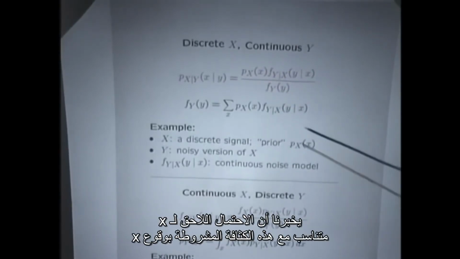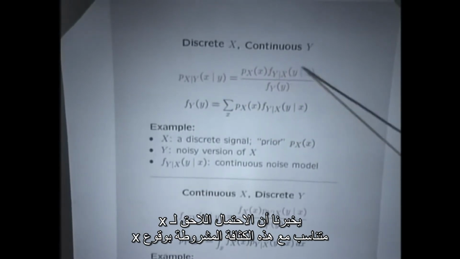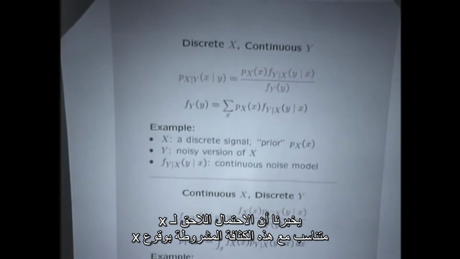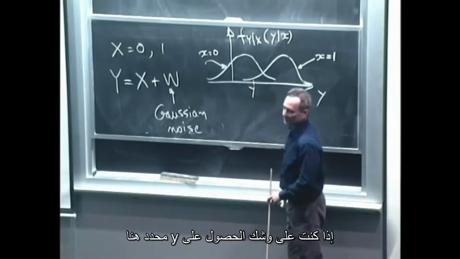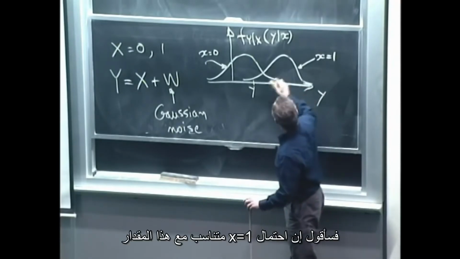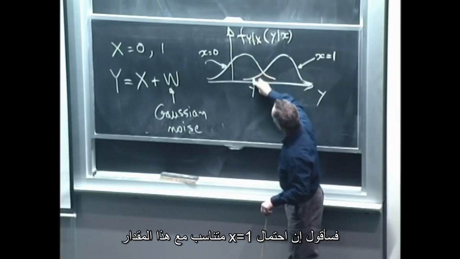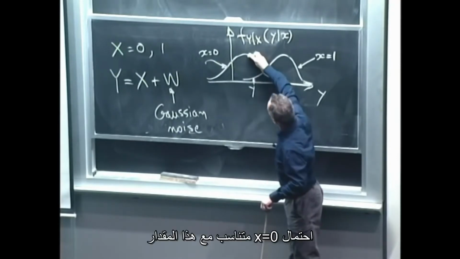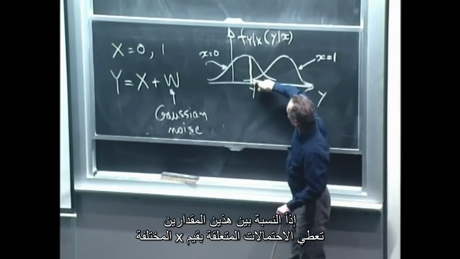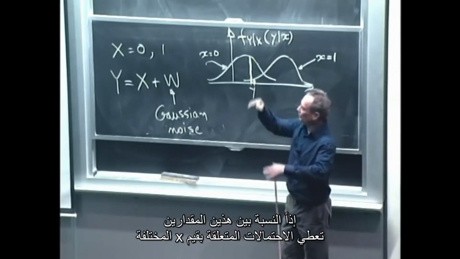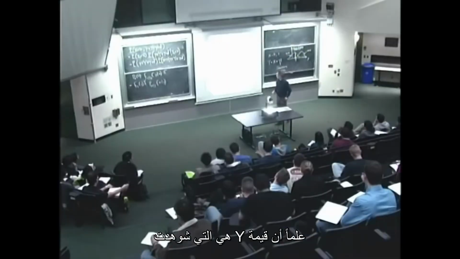It tells us that the posterior of x is proportional to that particular density under the given x's. So in this picture, if I were to get a particular y here, I would say that x equals 1 has a probability that's proportional to this quantity. X equals 0 has a probability that's proportional to this quantity. So the ratio of these two quantities gives us the relative odds of the different x's given the y that I have observed.